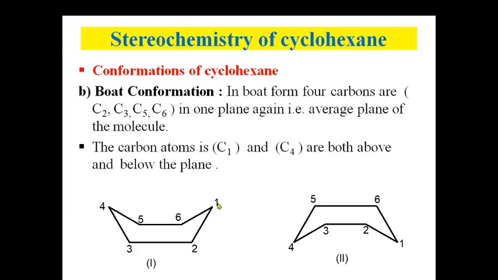Now carbon number 1 and carbon number 4 are above the average plane, or the other possibility: carbons 1 and 4 are below the average plane. Both are the boat conformation. So C2, C3, C5, C6 are present in the average plane, and C1 and C4 are either above or below the average plane. Okay, so this is about the boat conformation.